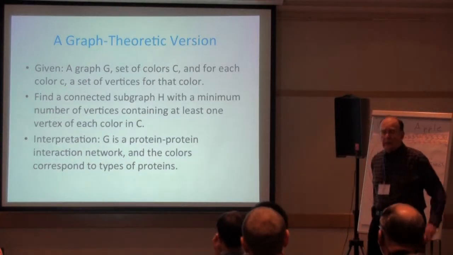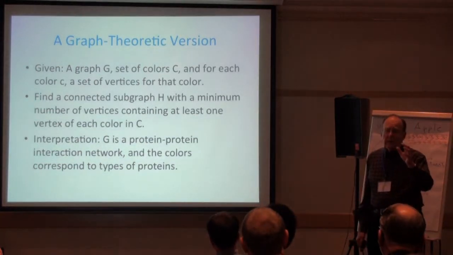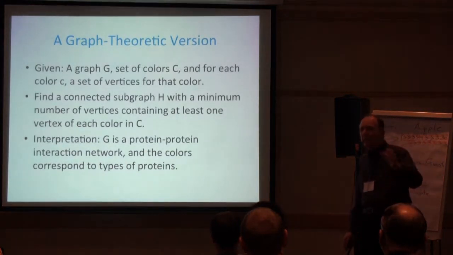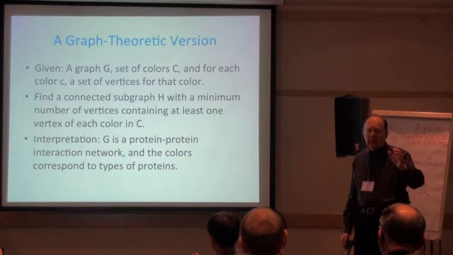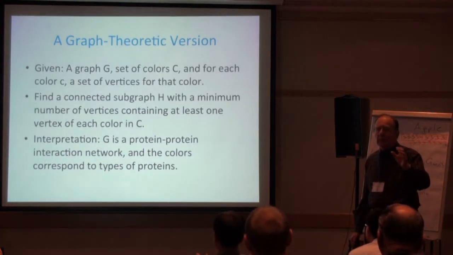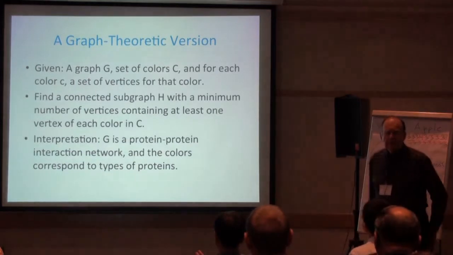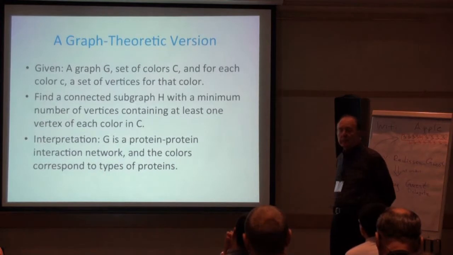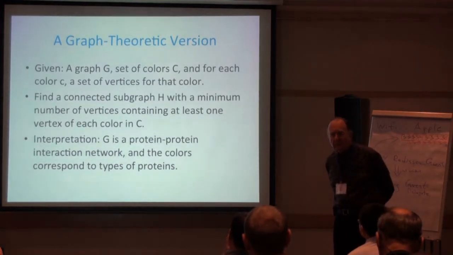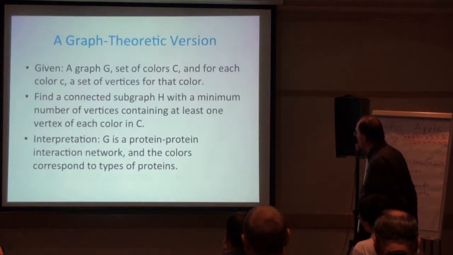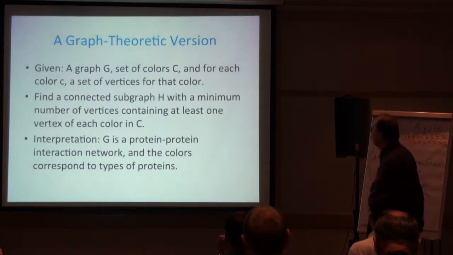So here we're making the abstraction that homology is really an equivalence relation, that proteins fall into different classes of mutually homologous proteins, and these classes carry a common label that we'll call the color of the protein. So homology now is simplified to refer to two proteins in different species being of the same color. And so with this simplification, we are led to the following graph theoretic problem.